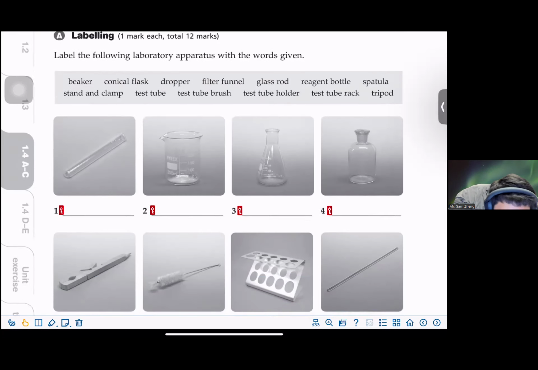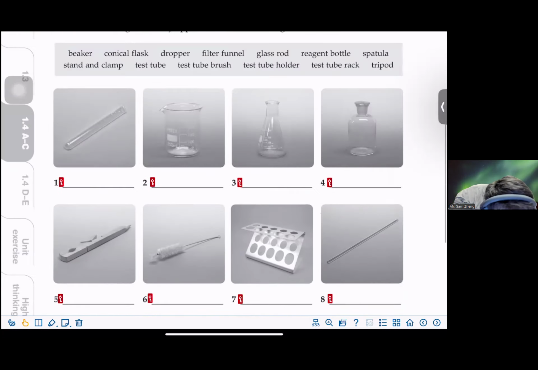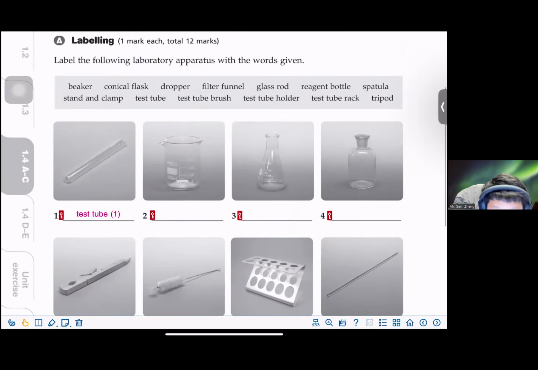So you will see that for page 12, the first one, which is like a tube, would be a test tube. On the other hand, the one like a flask but with a round bottom would be the beaker.